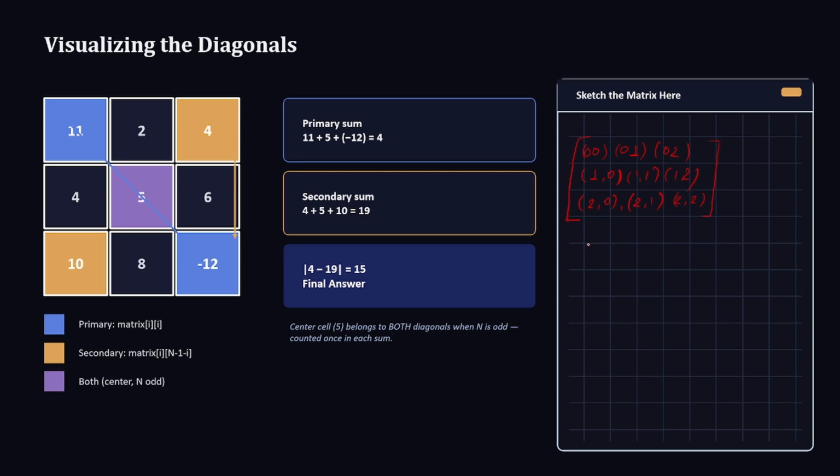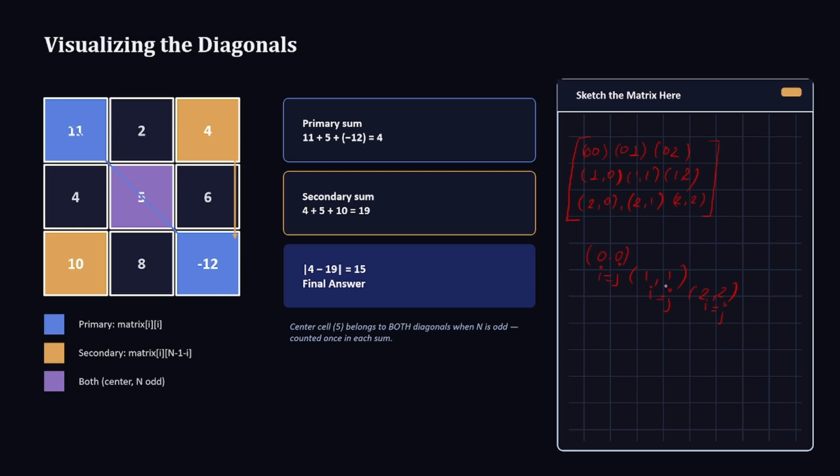So the primary diagonal elements are at 0,0, 1,1 and 2,2. Can you notice something? The row index and column index are always the same. Here I and J, I and J, I and J are equal.